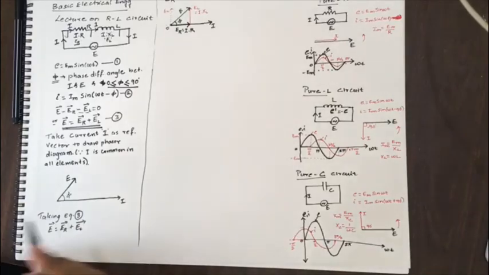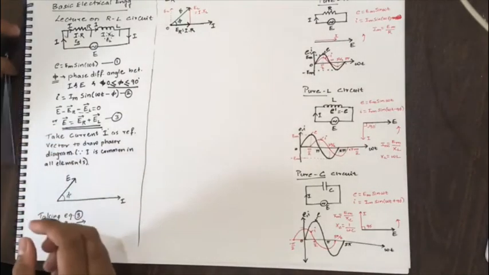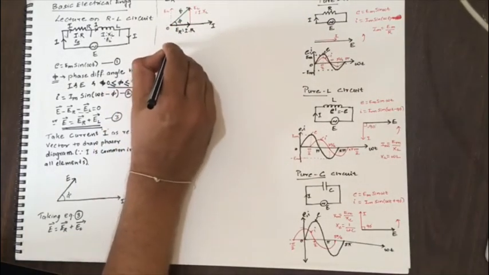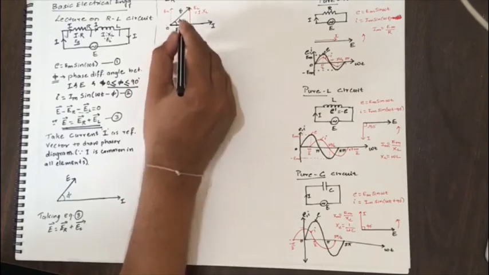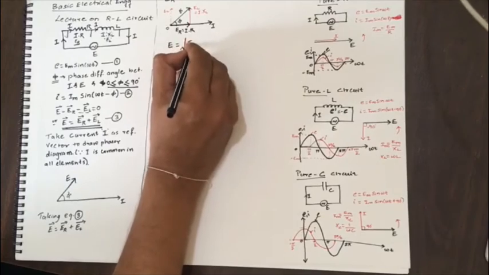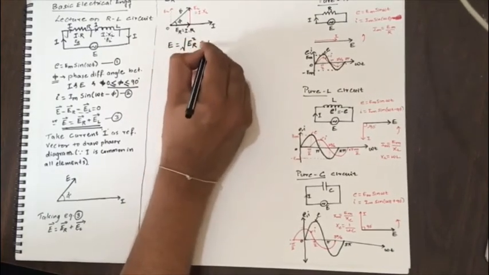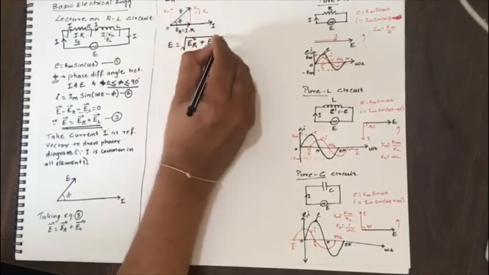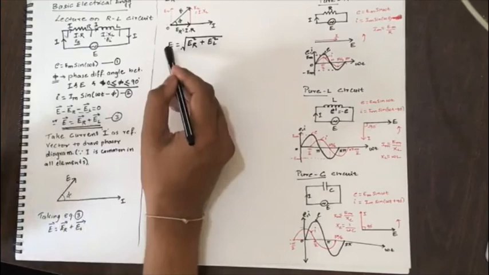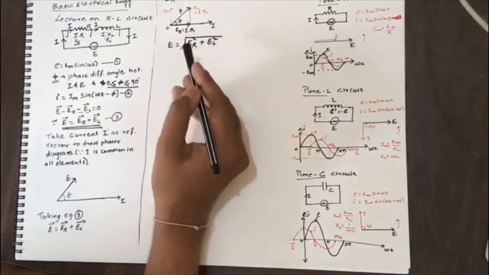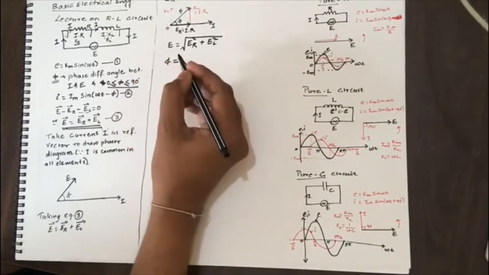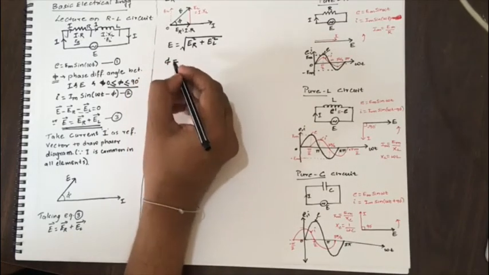Now what is E? I can write E equals, from this vector diagram, applying the Pythagoras theorem, square root of ER square plus EL square. Now this is the resultant voltage E, the magnitude. Now what is angle phi?